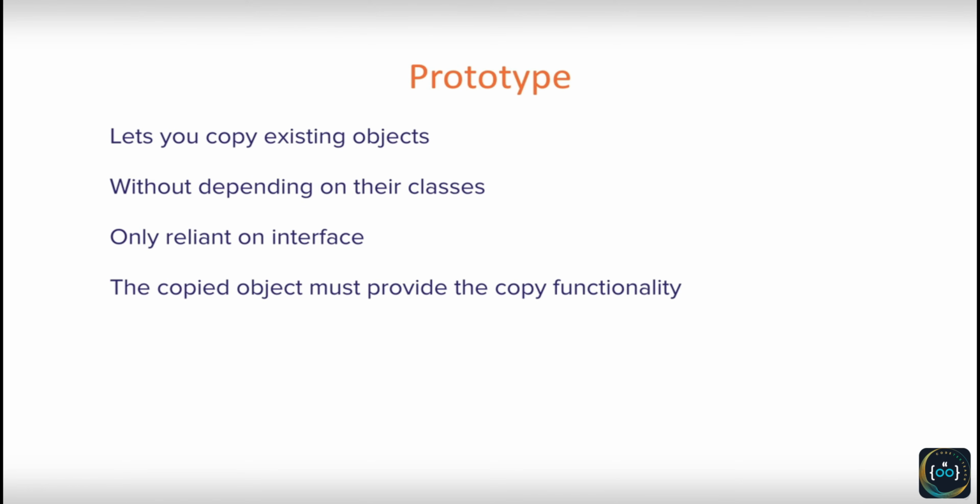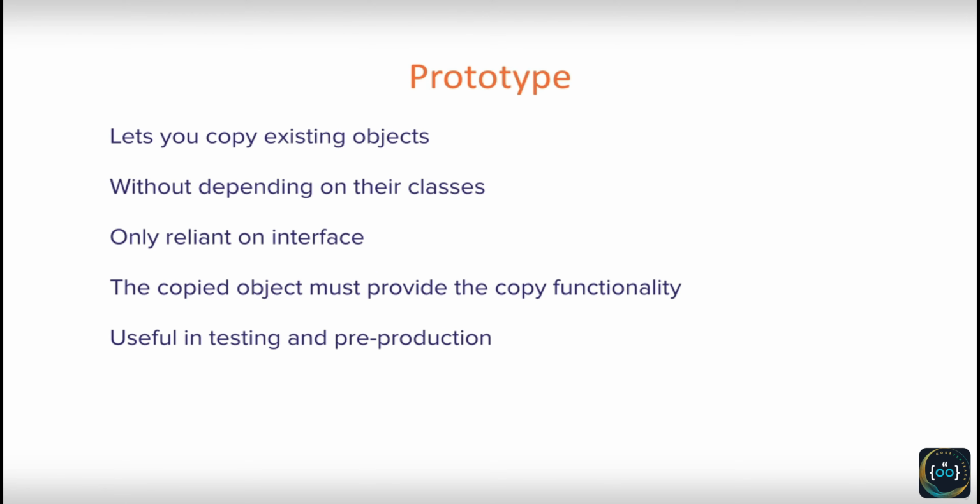So we don't want to externalize this functionality outside the existing object. We want the object itself to provide the copy functionality, because the object itself will have access to everything that it needs. And it avoids tight coupling on the outside. Okay, so it will have access to its private fields. It will have access to all the required functionality, to its state, and so on.